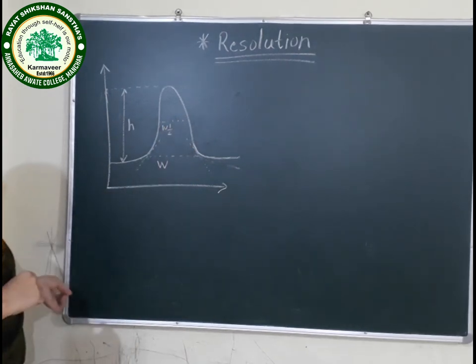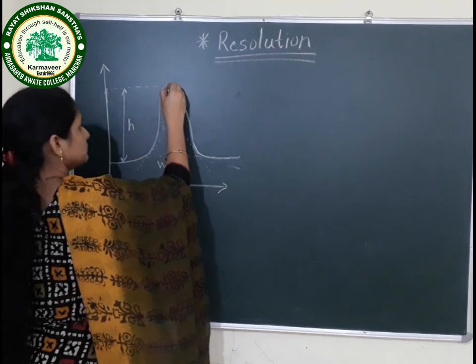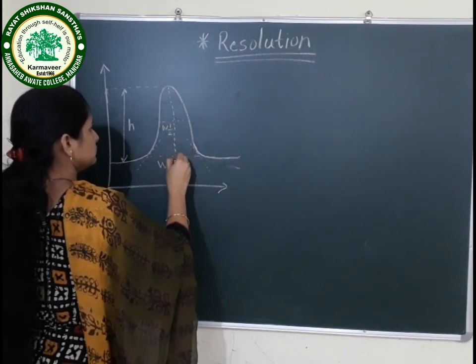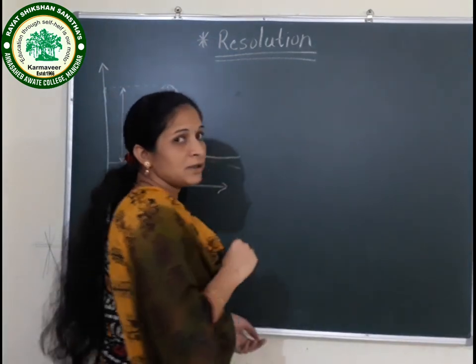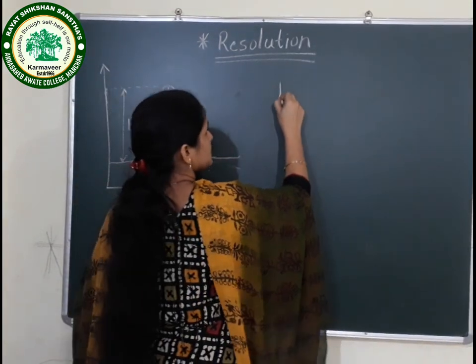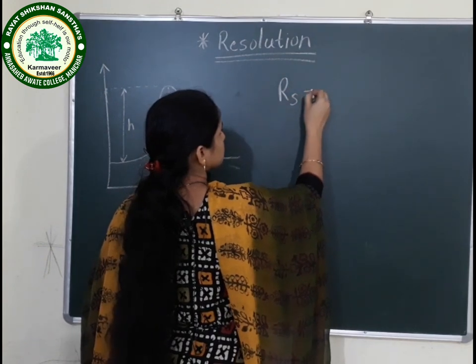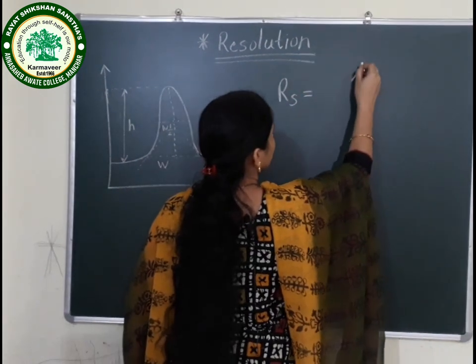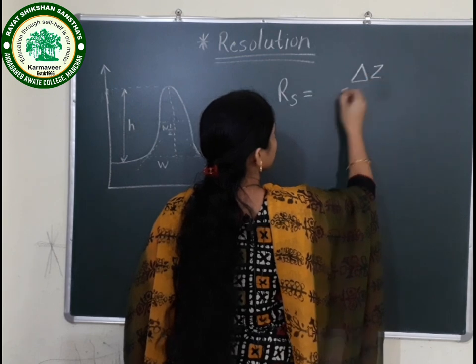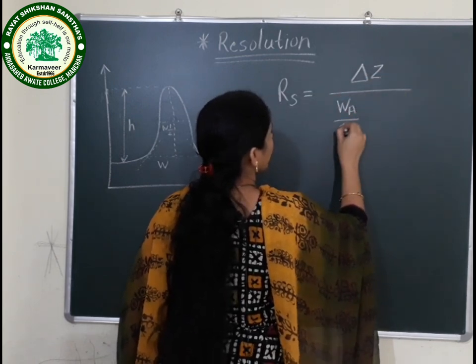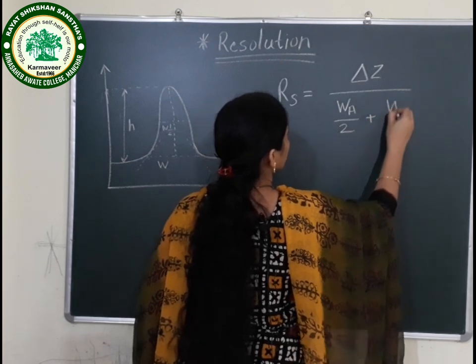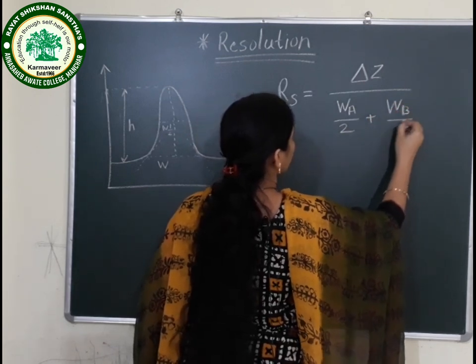Now we will derive one equation. This resolution is given by RS. The equation will be delta Z upon WA upon 2 plus WB upon 2.